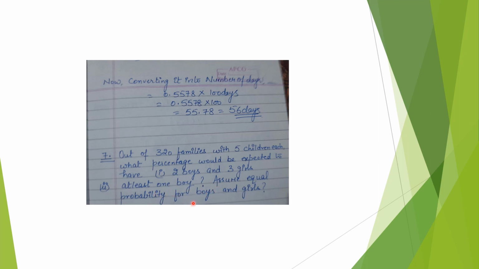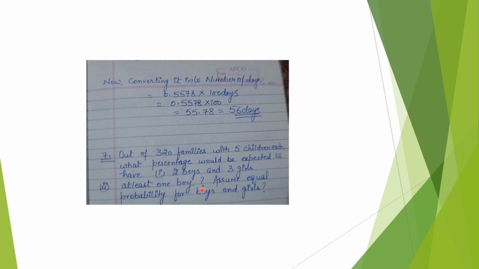Assume equal probability for boys and girls, and we have to assume the birth rate of boy and girl to be equal. So in this question they are saying that we have a total of 320 families, and each family has 5 children, and we have to tell what percentage would be expected. Under the first point they are asking for 2 boys and 3 girls, out of 5 children.